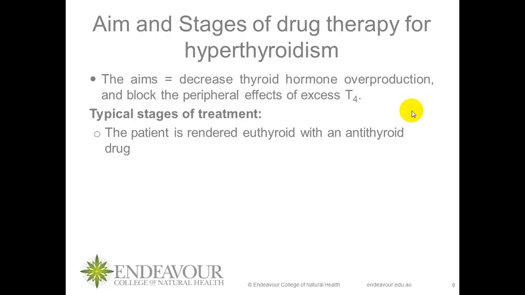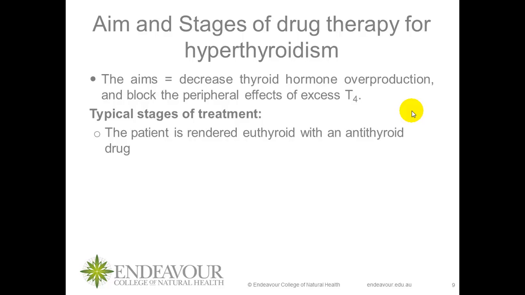So then to look at hyperthyroidism. In a similar way, we would look first of all at the goals of therapy, then look at the Western pharmaceutical treatments for it. Because these people have an excess of endogenous T4 and T3, the aim would be to decrease thyroid hormone overproduction and then perhaps to block the peripheral effects of excess T3 and T4 in that person.